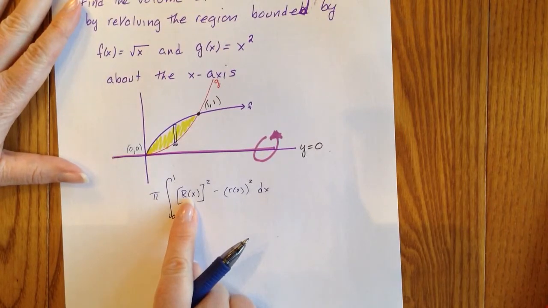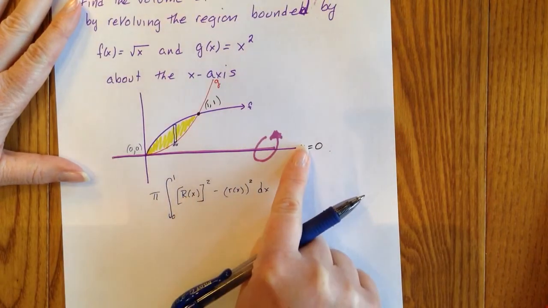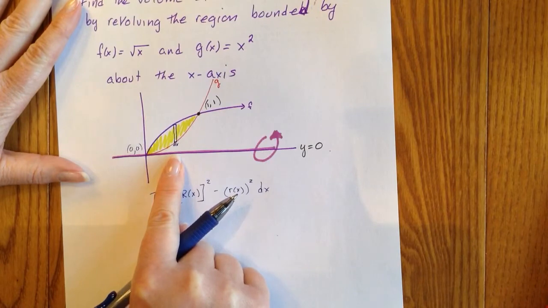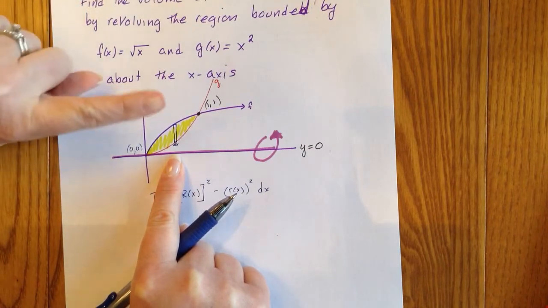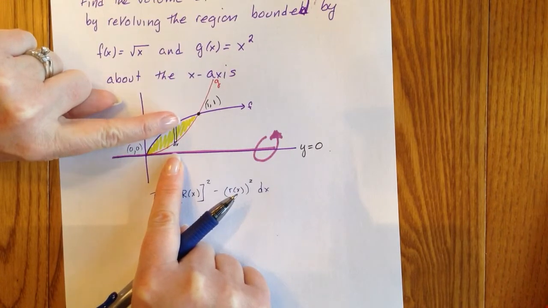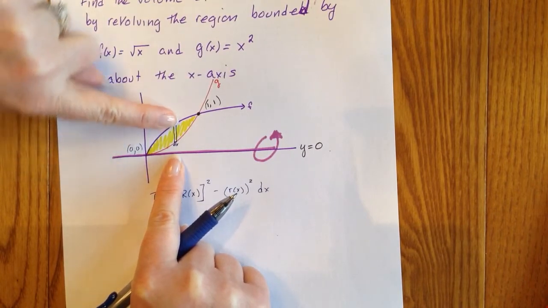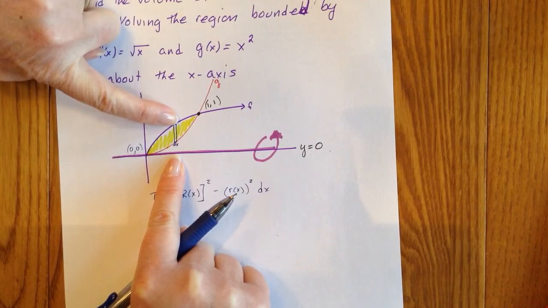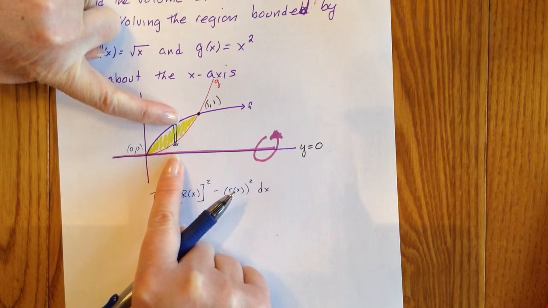Capital R of x. Put your finger on the axis of revolution. Put your other finger on the rectangle as far away as you can go. You are now touching the outer radius, capital R of x. What's your top finger sitting on? I'm on f of x. What's your bottom finger sitting on?